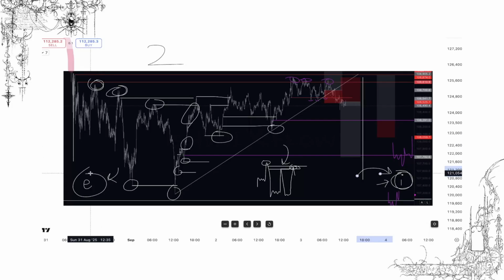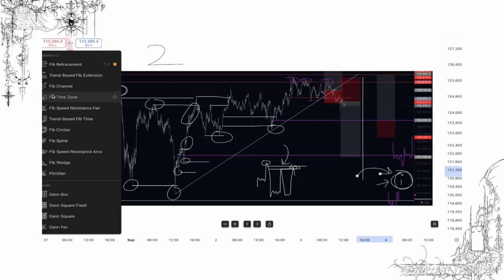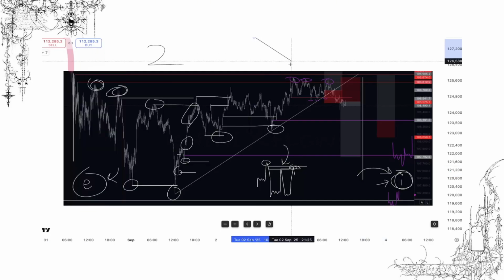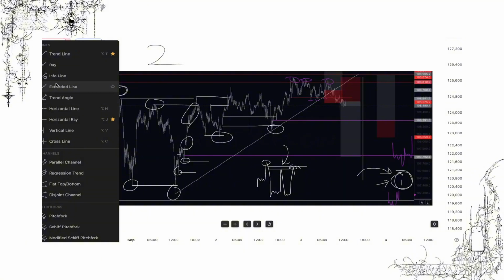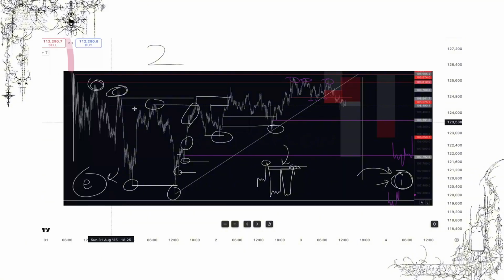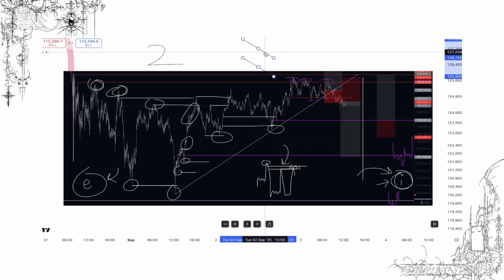Knowing that the higher time frame, or the external structure, let me see if I can draw it through parallel channels. I think I should be able to draw the parallel lines right here. Okay, so the external structure is still somewhat moving like this, because we know that there's high holds and a nuke that happened from here.